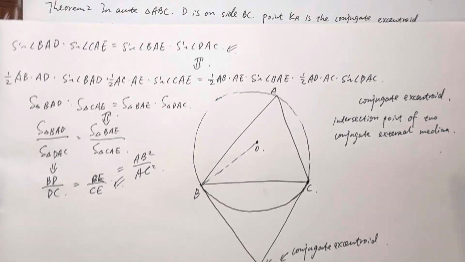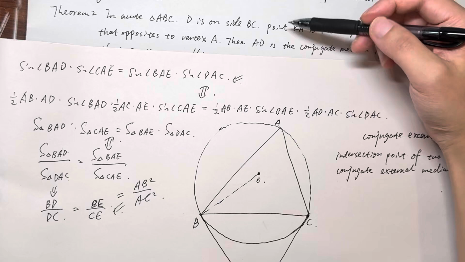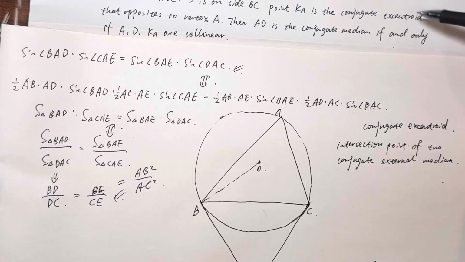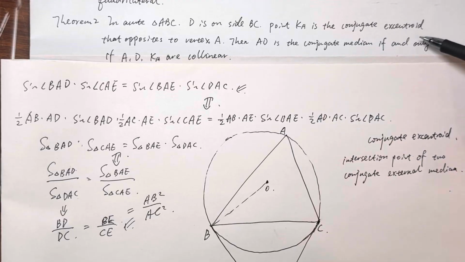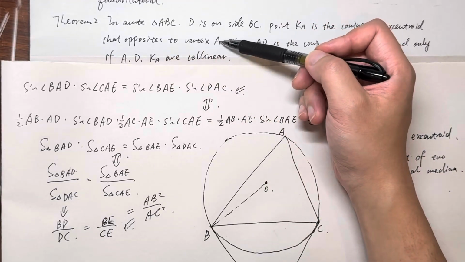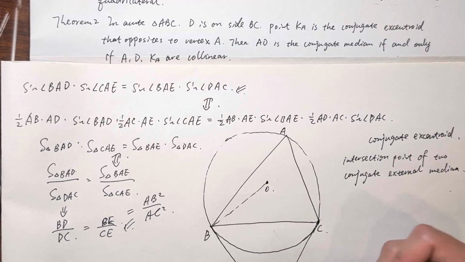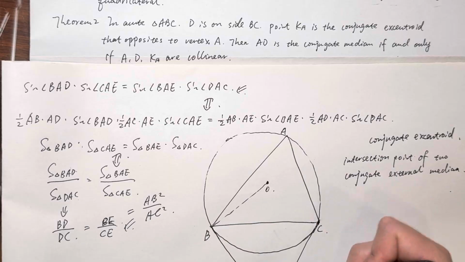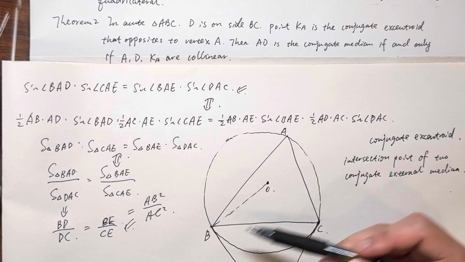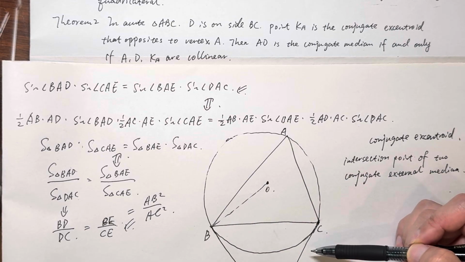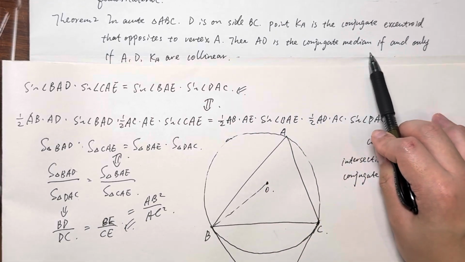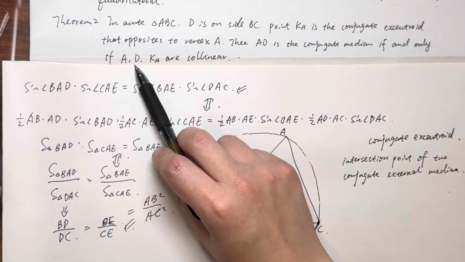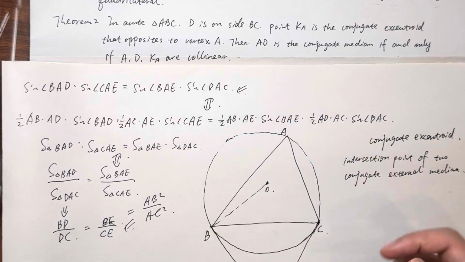Okay, it seems that we find the point KA, that's a conjugate accentroid opposite to the vertex A. Now we find this point here, which is actually the intersection of the tangent lines from the vertices B and C to the circumcircle of the triangle ABC. And then it says that AD is a conjugate median if and only if A, D, KA are collinear.